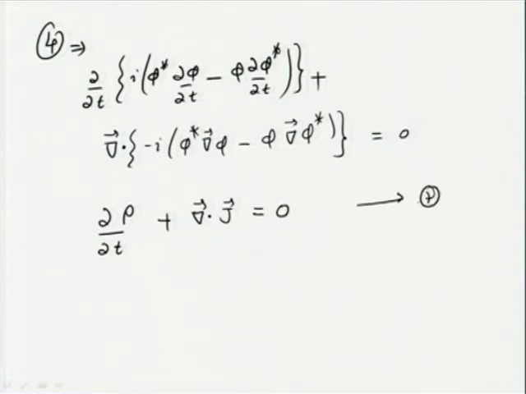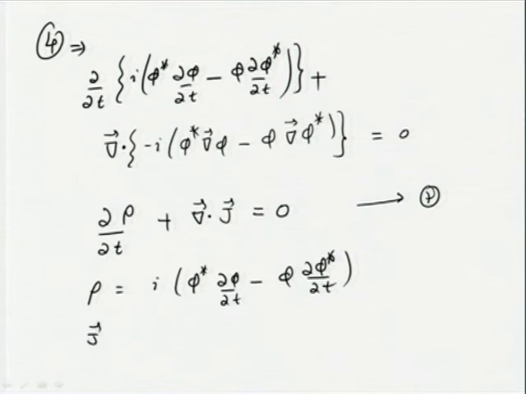So, this is one thing, and now rho is essentially equal to i phi star ∂phi/∂t minus phi ∂phi star/∂t, and j equal to minus i phi star grad phi minus phi grad phi star.